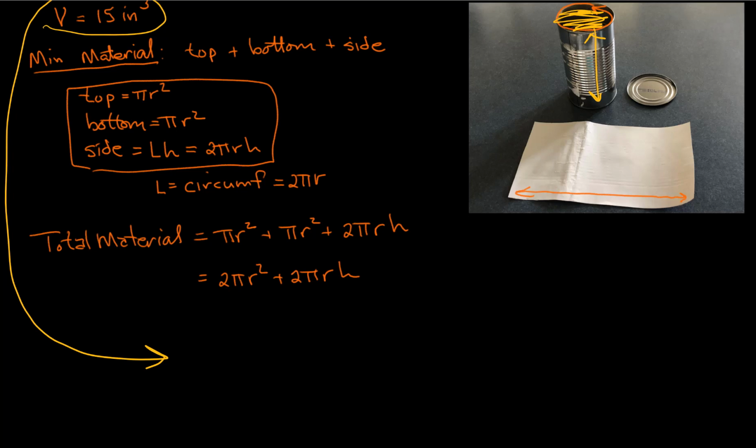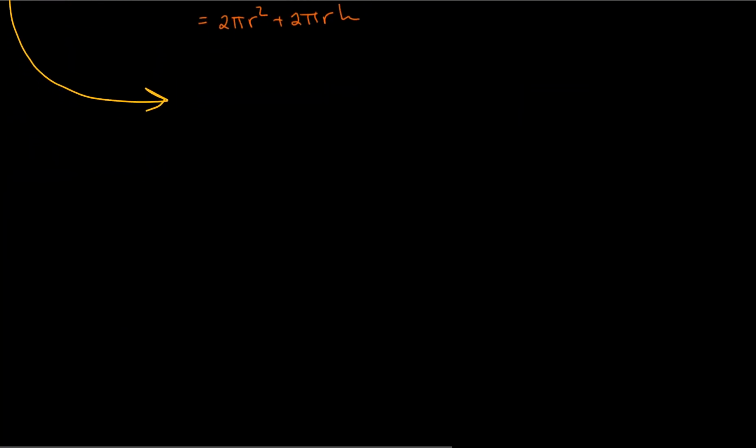Imagine if you were to stack a bunch of potato chips like Pringles, one on top of another on top of another. The stacking of them fills the void or the space in there. That's the volume. We know in this case we want to have 15 cubic inches, and the volume is going to be the area of the base times the height.